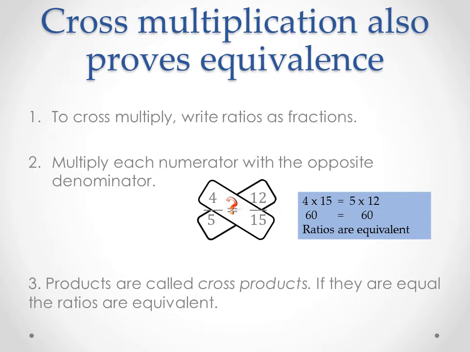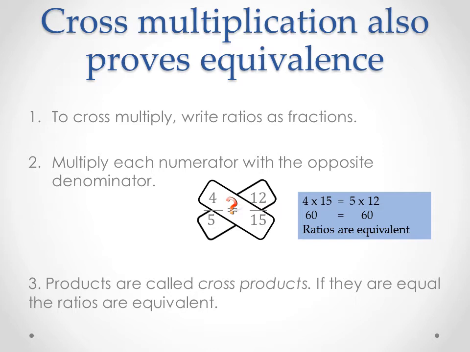Cross multiplication can also prove equivalence. In order to cross multiply, the first thing you have to do is write your ratios as fractions. Then we're going to find what are called cross products. To do that, we're going to take the numerator and multiply it by the opposite denominator. So you'll see we have 2 ratios here.